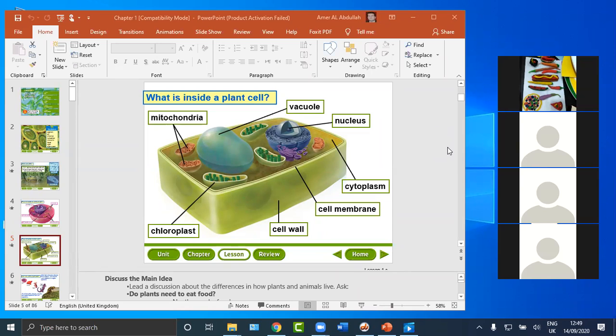Abdurrahman Wazir. Mitochondria is the thing that breaks down food and releases energy. Yes, we can say it supplies energy for the cell. Excellent, perfect. Supply energy for the cell by breaking down food. Clear? Okay.